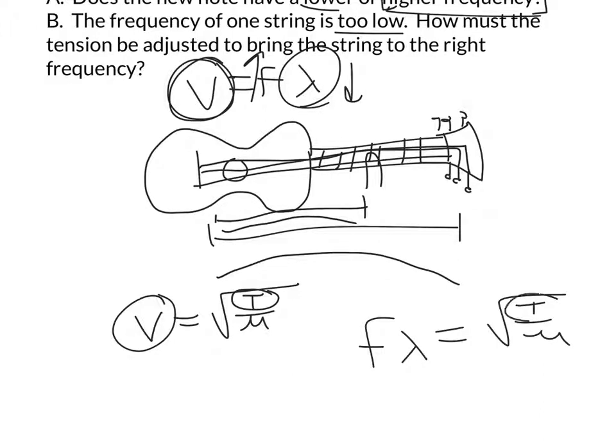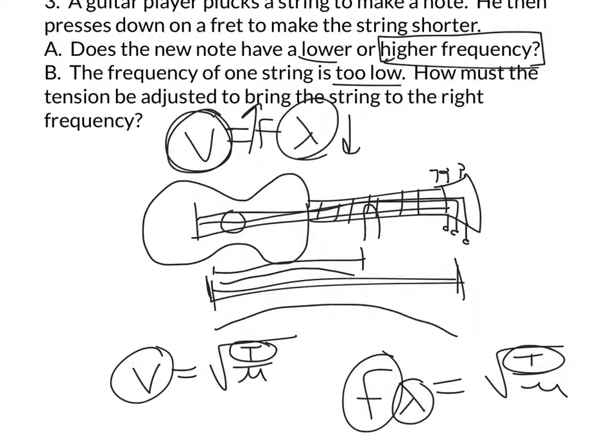So tension and frequency should be directly proportional. A higher tension should lead to a higher frequency if we keep the length of the string the same, because that base length is not changing. So if I increase the tension, I should get a higher frequency, and if I decrease the tension, I should have a lower frequency. The frequency is too low, meaning I have to make it higher, so I'm going to have to raise the tension to raise the frequency. So I tighten the string.